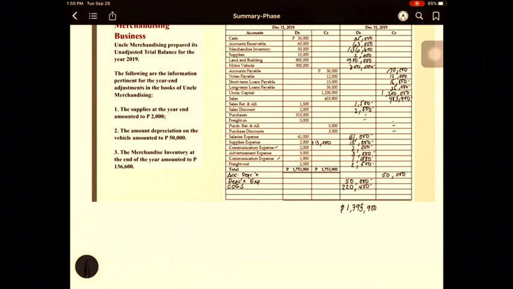Your sales of 453,900 and your accumulated depreciation amounting to 50,000. So we were able to compute the same balance of 1,795,900. So in this case, we can already prepare the income statement for Uncle Merchandising.